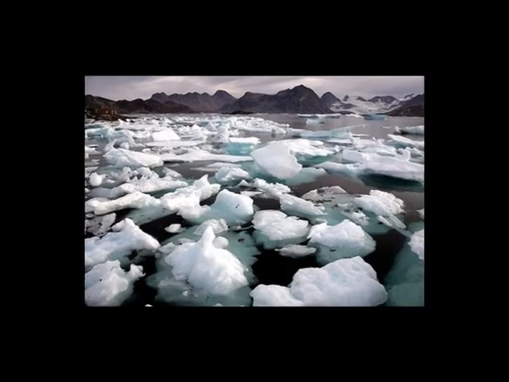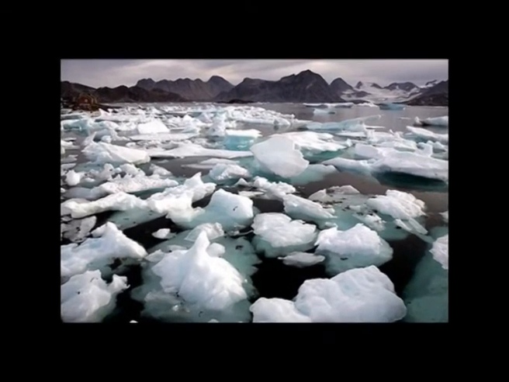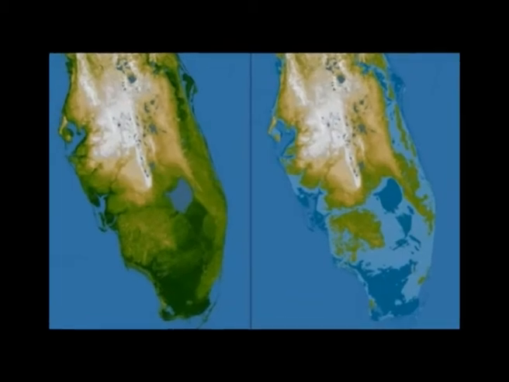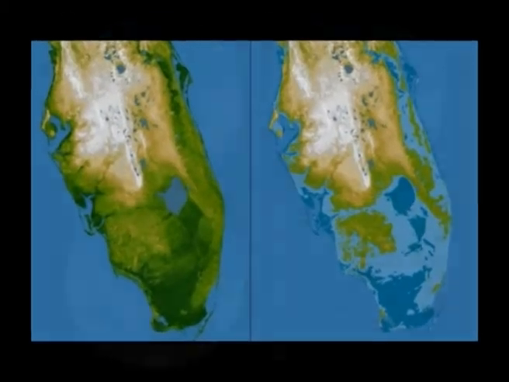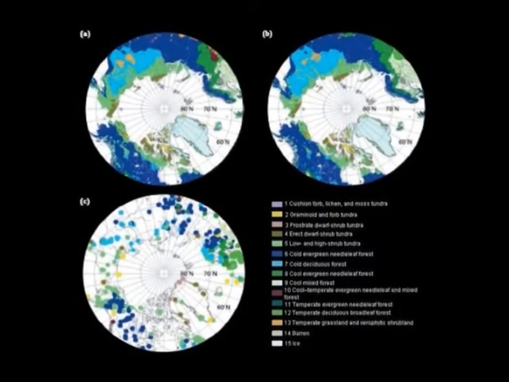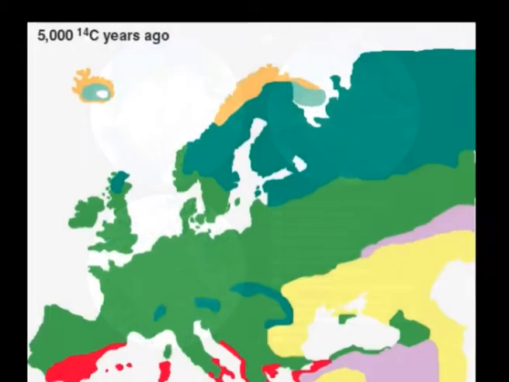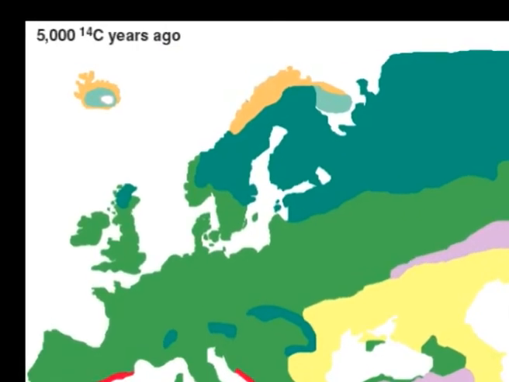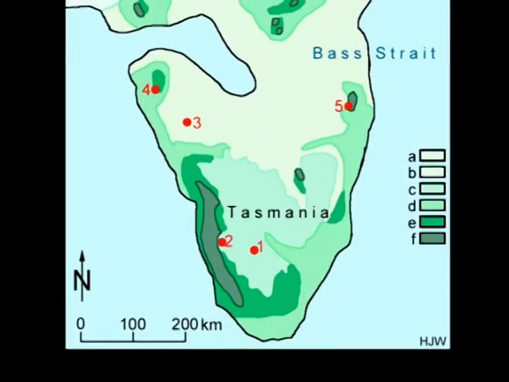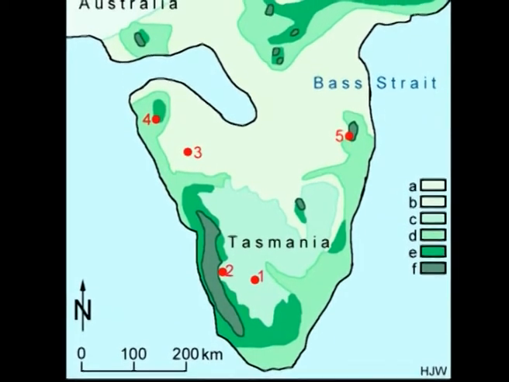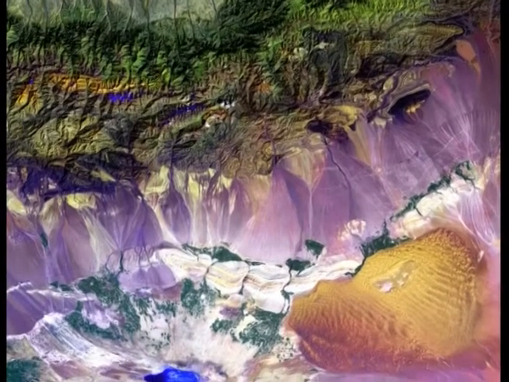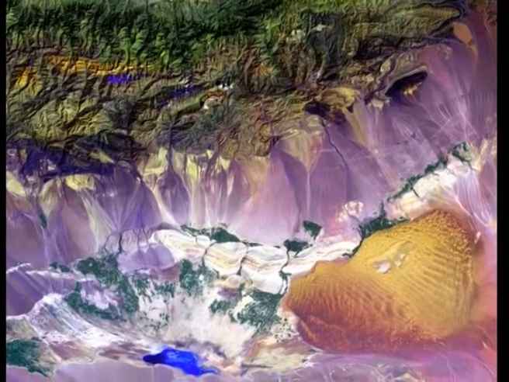Rapid melting of the last ice sheet resulted in rising sea level that reached near modern level by the mid-Holocene around 5,000 years ago. As a consequence, Pleistocene coastal environments were submerged below the sea level in most parts of the world.